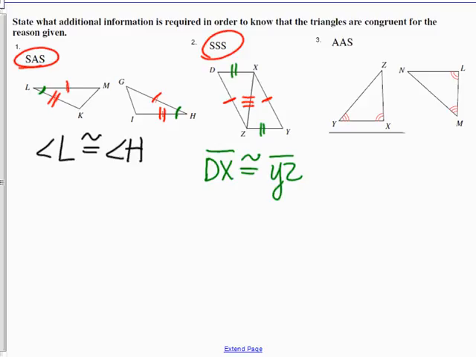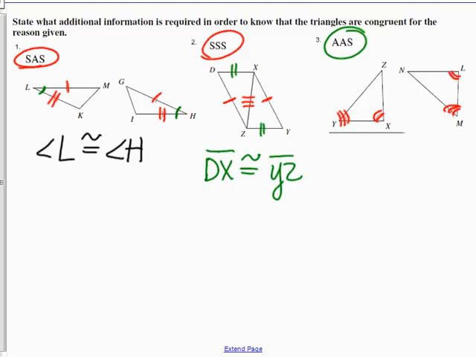Okay, so finally, we need to make this one angle, angle, side. All right, well, I've got this angle congruent to this angle, and this angle congruent to this angle.